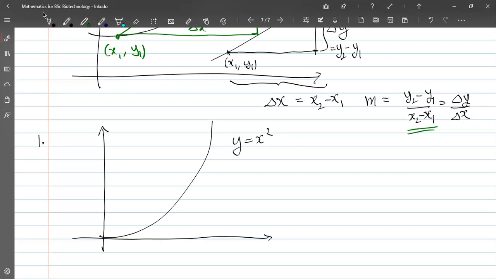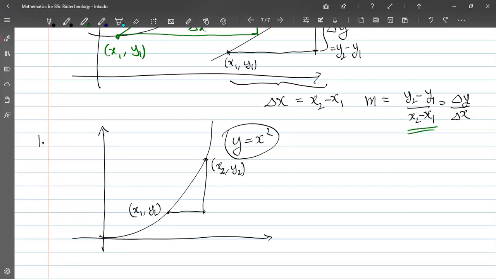So now we need to take 2 different points, x1, y1 and x2, y2. But now we don't have to write them as some unrelated 2 coordinates anymore, because this curve is given by the equation y equal to x square. So y1 is not independent from x1.